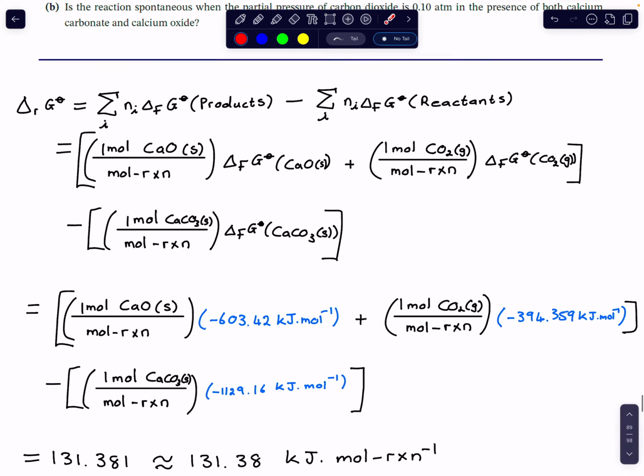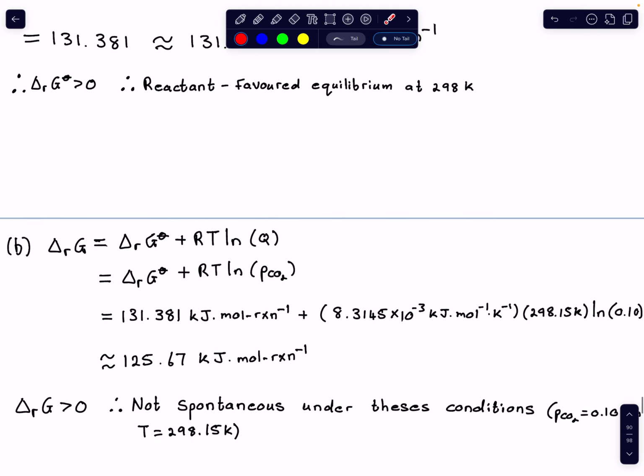And that is how the Gibbs energies work: you have a reactant favored equilibrium dictated by your standard Gibbs energy, and your non-standard Gibbs energy indicates to you what conditions are required for spontaneity.